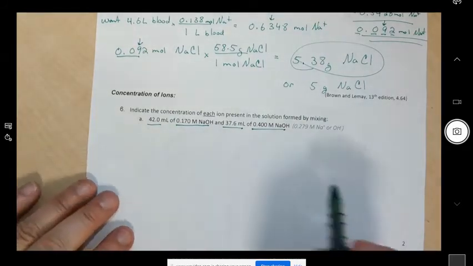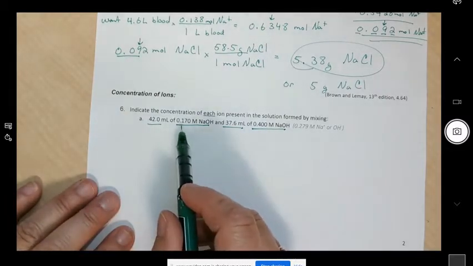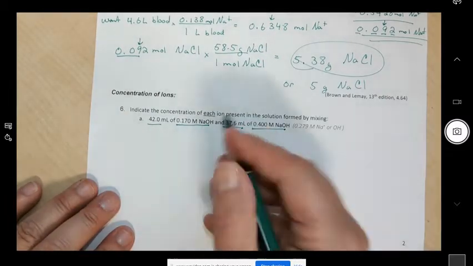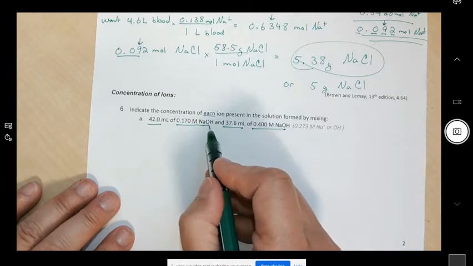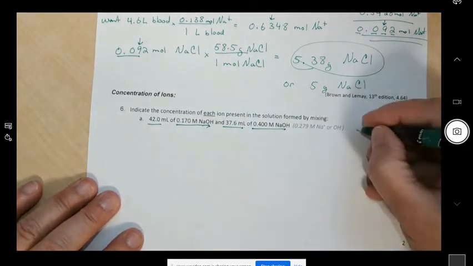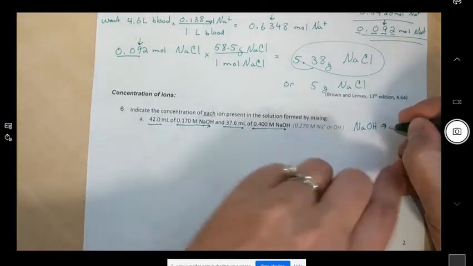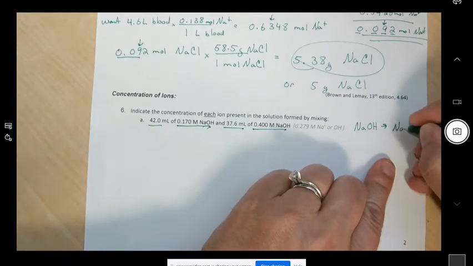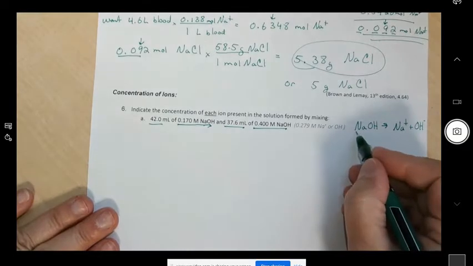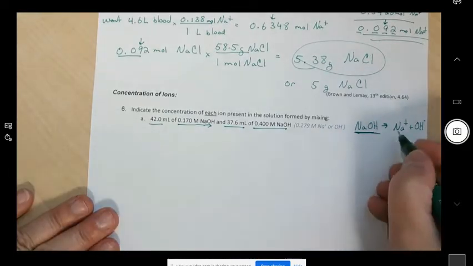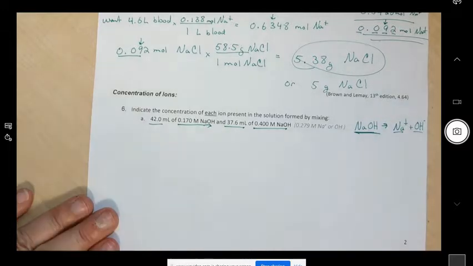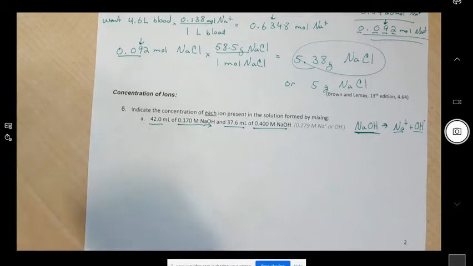In both of these solutions, I can see that I've got a 1-to-1 ratio of sodium ions to hydroxide ions. So when sodium hydroxide dissociates, it dissociates into an Na plus ion and a hydroxide ion. And so whatever my concentration is of my sodium hydroxide, that's going to match my concentration of sodium and hydroxide ions. The difference is that I'm mixing them together.